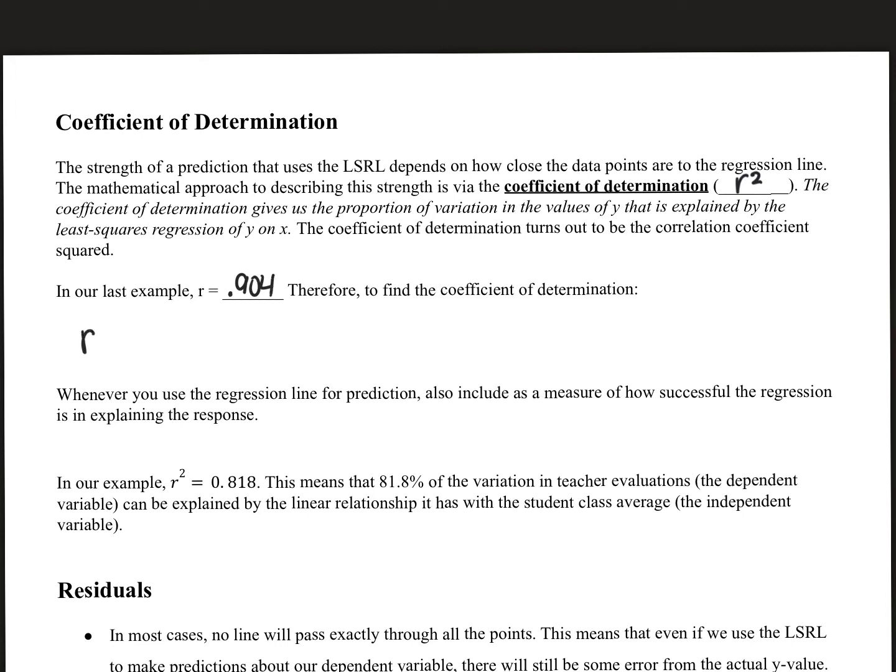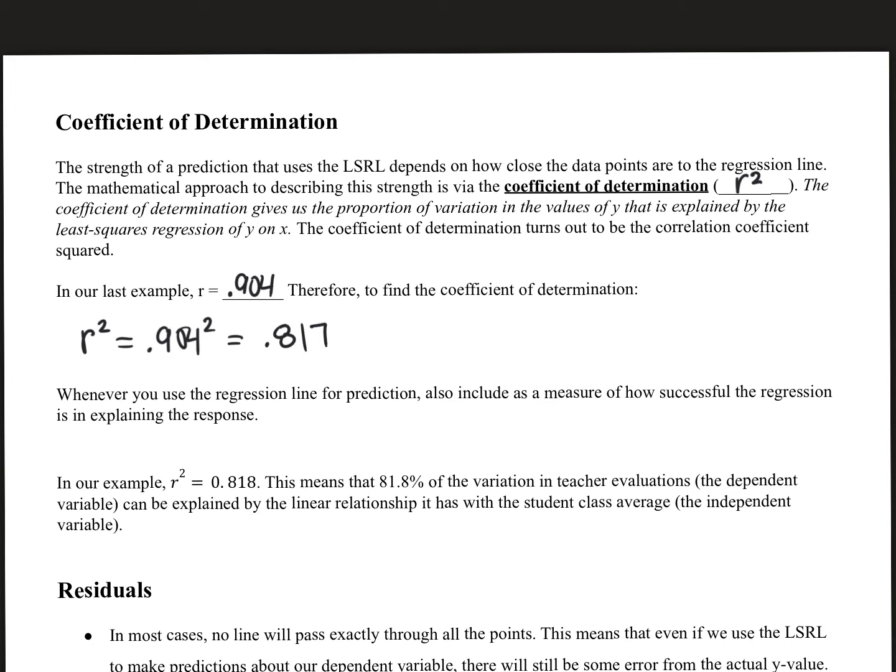So our coefficient of determination, R squared, is 0.904 squared, which is 0.817.